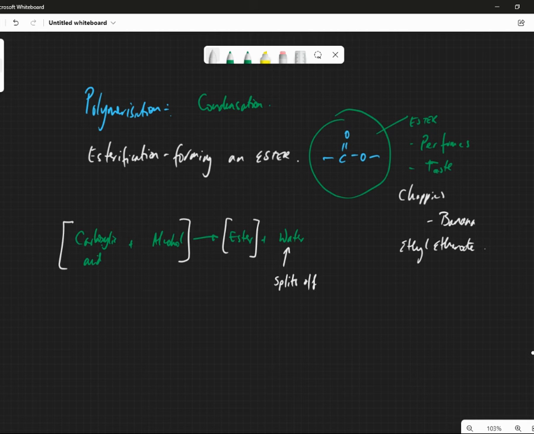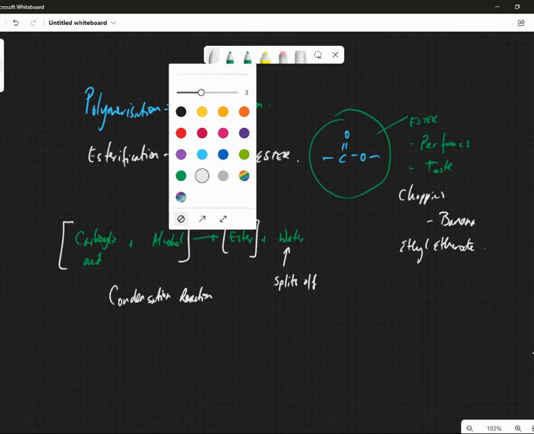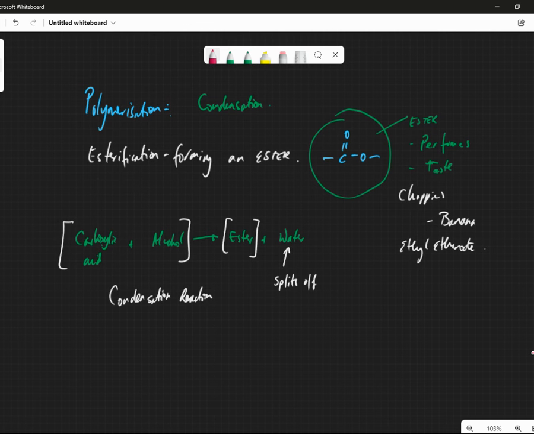This type of reaction is known as a condensation reaction. Okay. All right. So carboxylic acid and an alcohol will give us an ester and water. You should know this. I'm sure you do. We use concentrated sulfuric acid as the catalyst, and we use heat as well. And they're the conditions to make an ester.